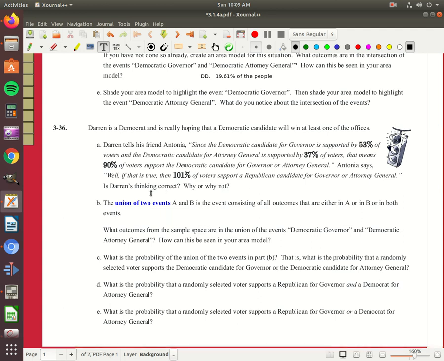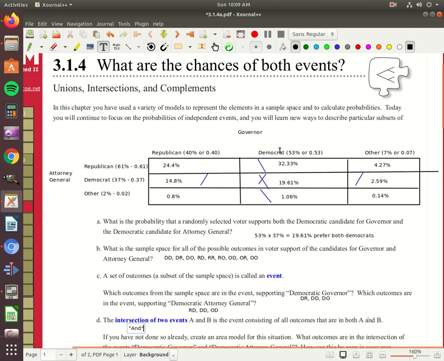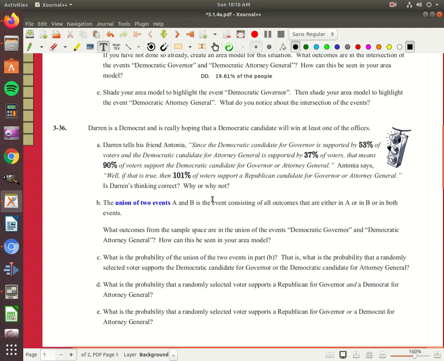Well, I think obviously we would say no, it's not correct, right? He's getting this 90% by saying this 53% and this 37%. But look how many times he's counting these people. He's counting these people as this 53 and as this 37. So he should only count these people once. So is his thinking correct? Why or why not? I would say no, not correct.